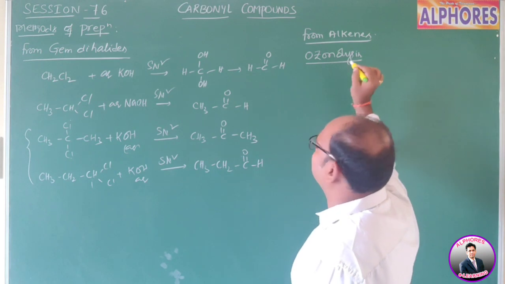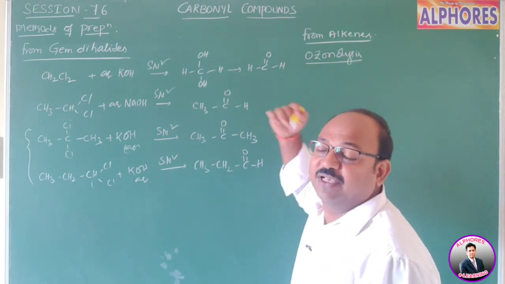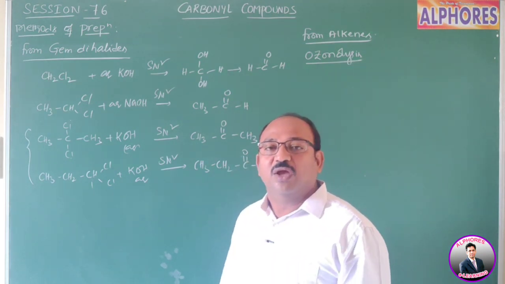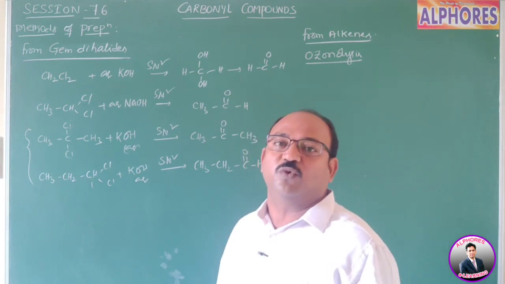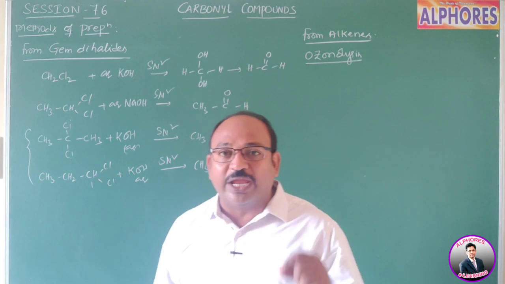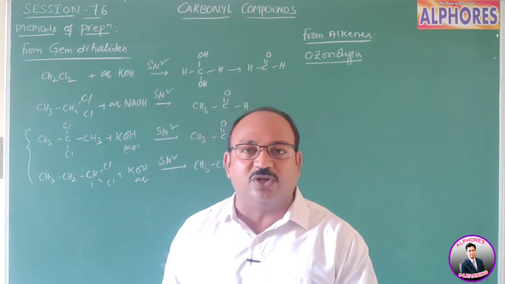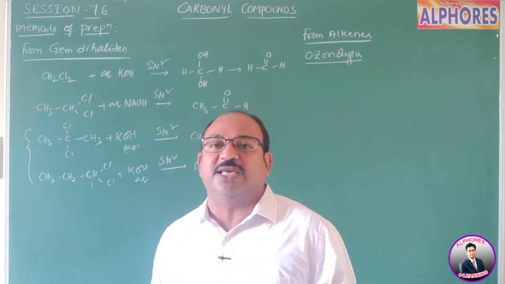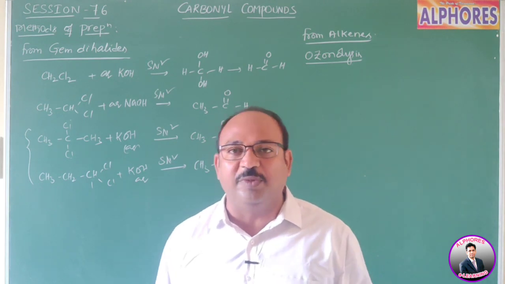So here, for unsaturated compounds, previously we learned that the ozonolysis method can be used to find the location of unsaturation. For detection of unsaturation we can use Bayer's reagent or bromine water.